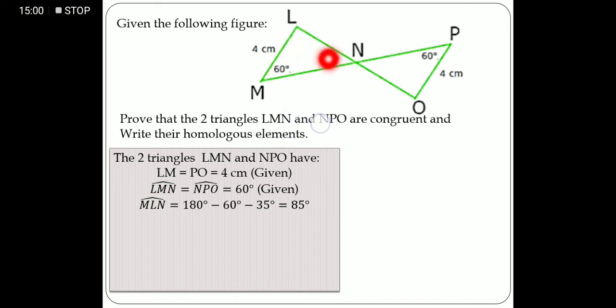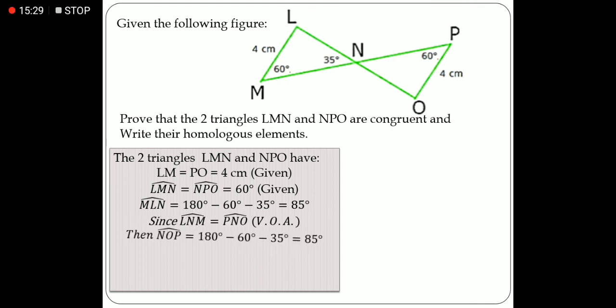So I have to calculate this angle here. MLN equals 180 minus 35 minus 60, of course, which equals 85 degrees. Similarly, these angles are vertically opposite angles, so NOP also equals 180 minus 60 minus 35, which is 85 degrees.